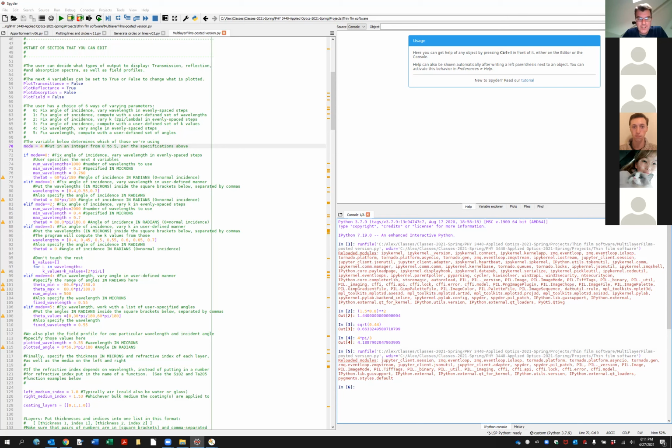It's 1.8. And N2 is what? Is it 1.53? 1.53. That's the right medium index. Oh, it's 1 for the coating layer? Yes.